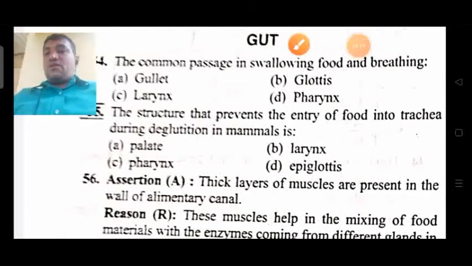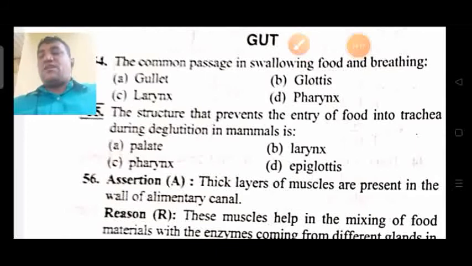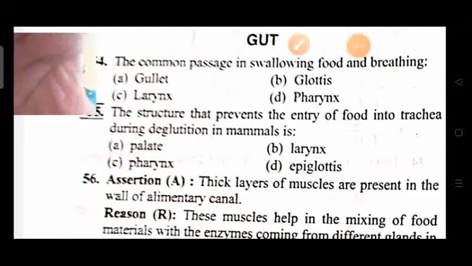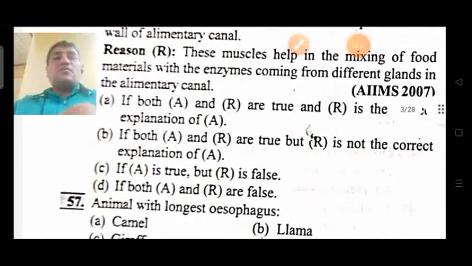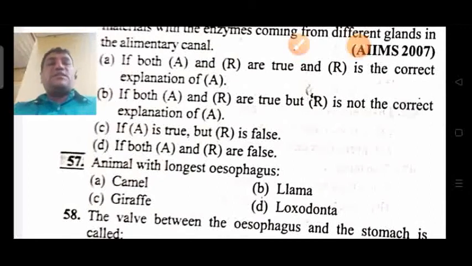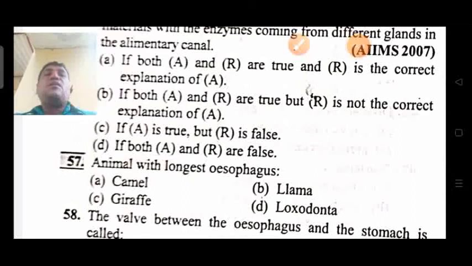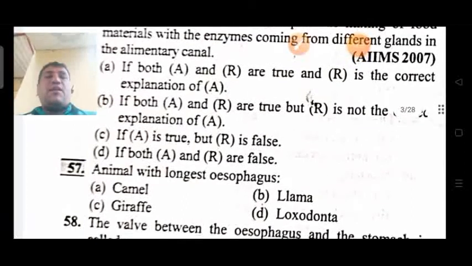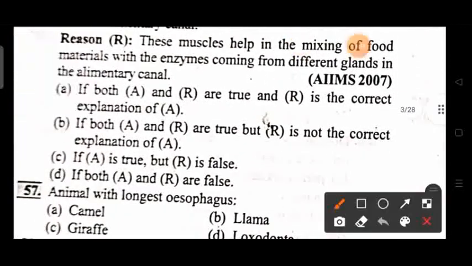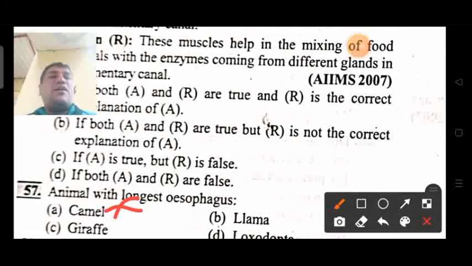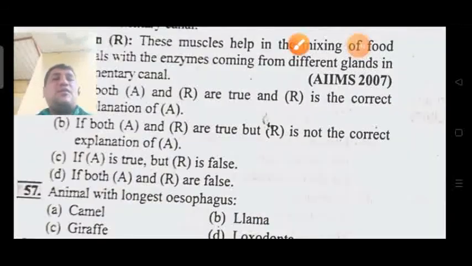Next, 57th question. Animal with the longest esophagus. Camel has a short body and a short neck region, so camel cannot be the answer. Llama is just like a sheep, also with a short neck region, and it looks almost like a camel, so llama cannot be the answer.